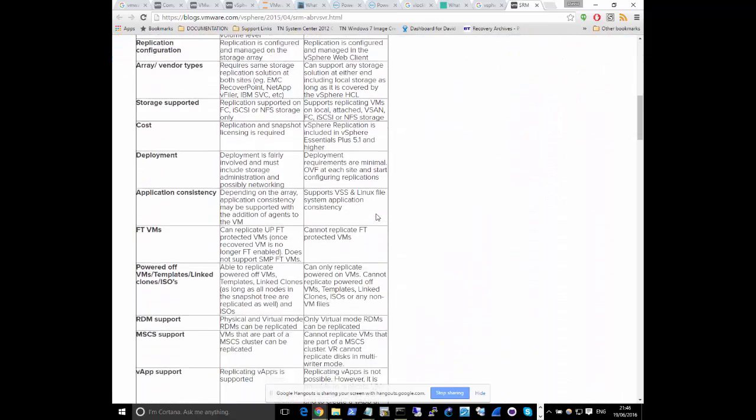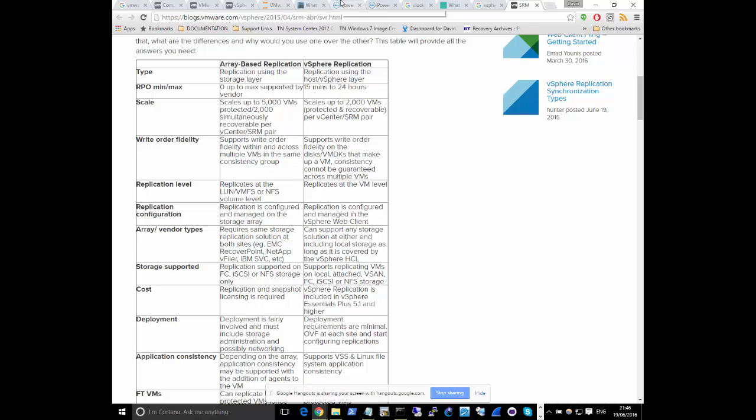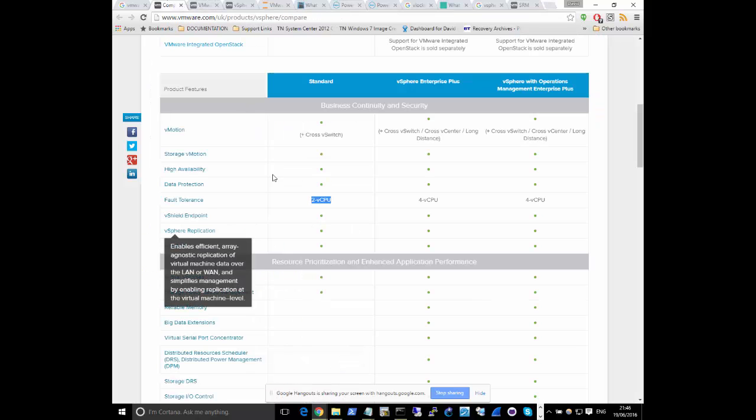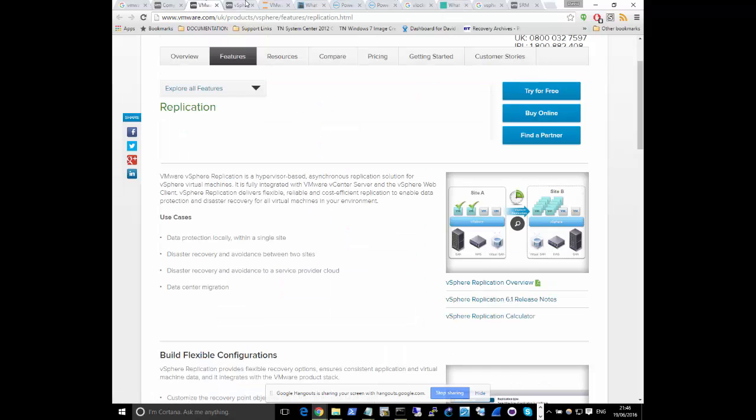So if it's the same, this doesn't exist as part of the licensing before. This is something new in this license. It used to be a separate license. No problem, Benji, it's all right. But again, looking at this one, it looks to be the same one that I know as vSphere Site Recovery Manager, because I remember doing a demo on this.